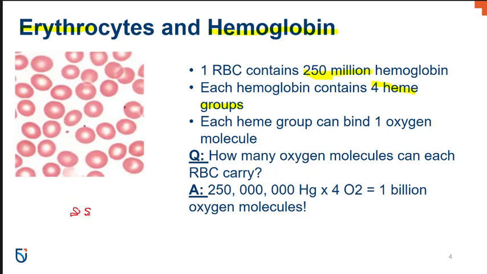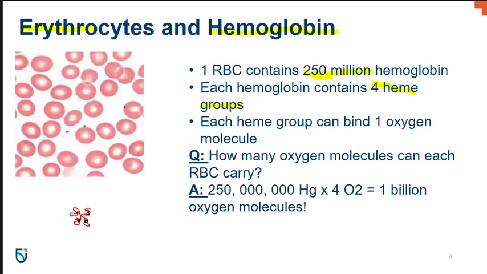So let's say this entire structure here is hemoglobin. This is one hemoglobin, and we know there are 250 million hemoglobin found on each red blood cell. Each hemoglobin has 4 heme groups. So we have one heme group, another heme group, another heme group, and another heme group on this one hemoglobin.